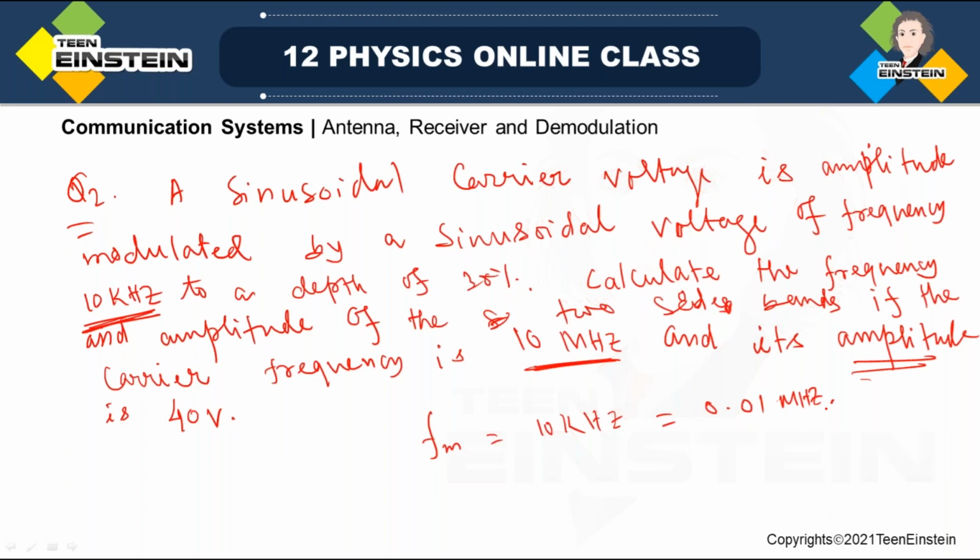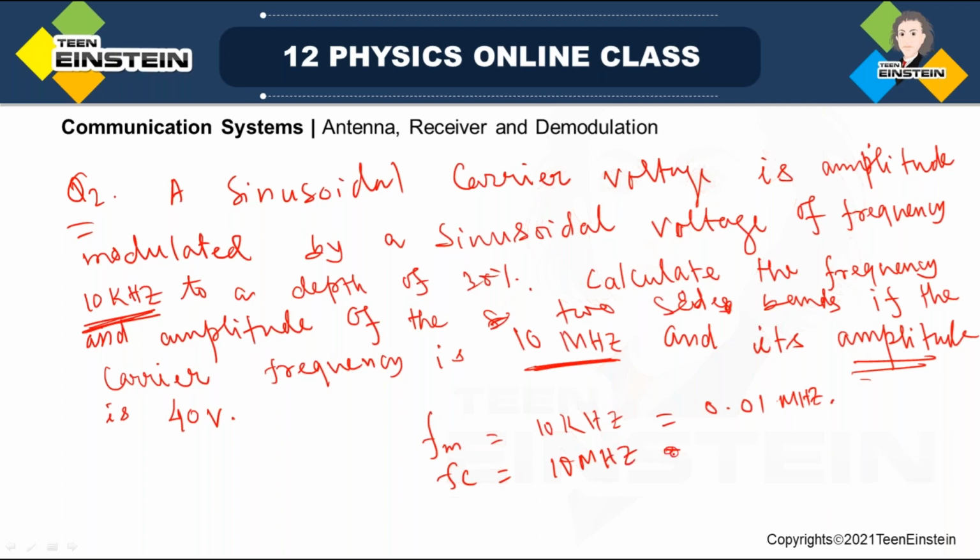And see, 30% depth is there in this case. Anyway, FC, let me write first. FC is 10 megahertz.